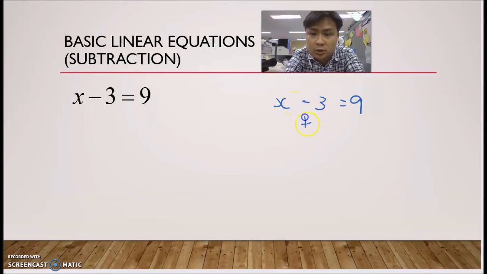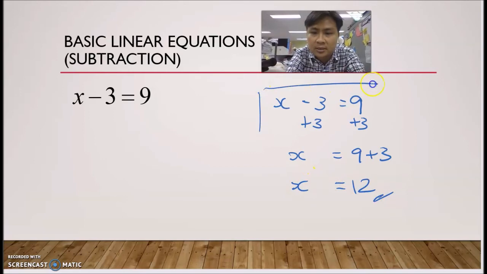So we need to plus 3 on both sides. Because of the principle of balance, whatever I do on the left side must be the same as what I do on the right side. Translating this into workings, x is equals to 9 plus 3, and our final answer will be x equals to 12.